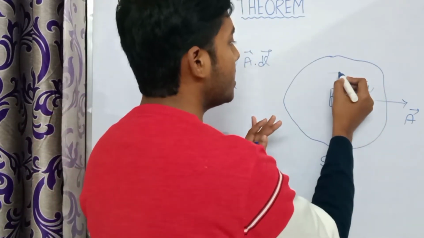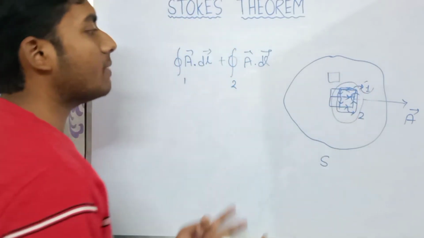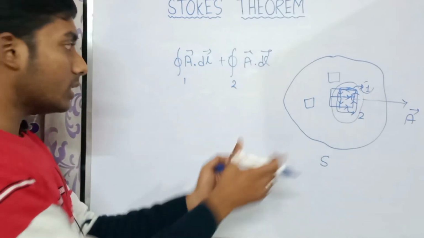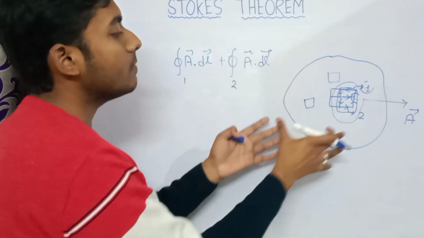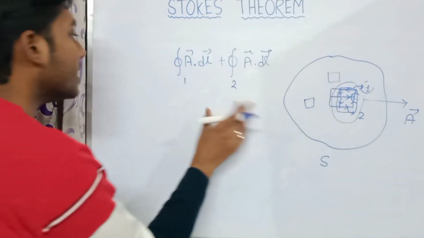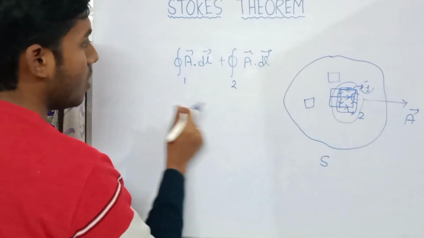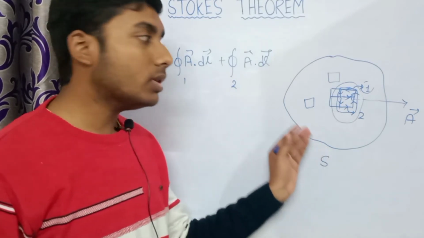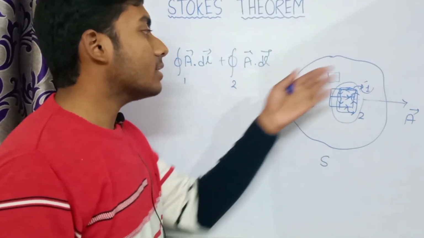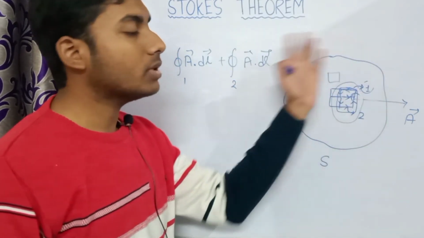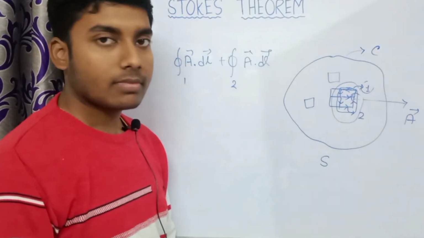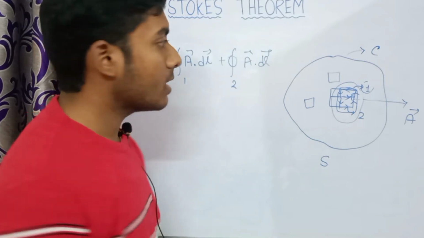Similarly, if we sum up all the line integrals for the squares, we are left with only the line integral over the boundary. Suppose this is curve C. I think it is clear.